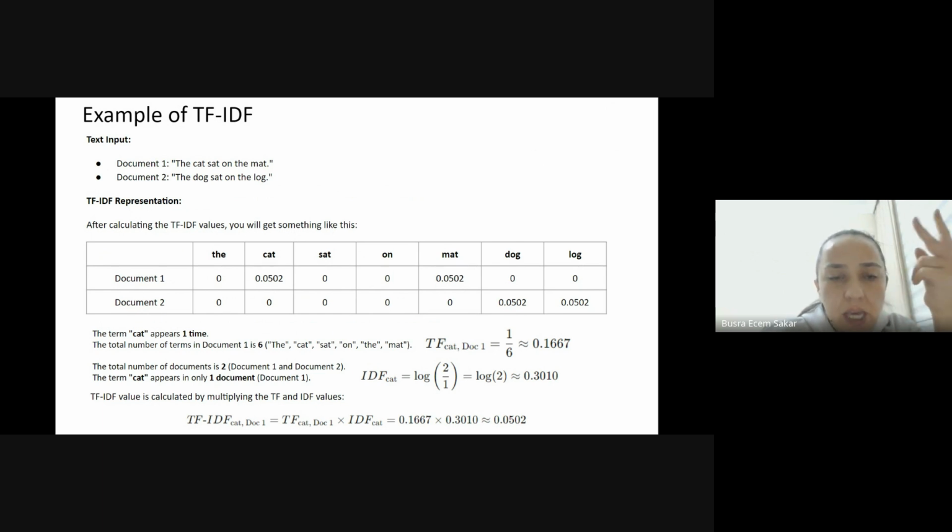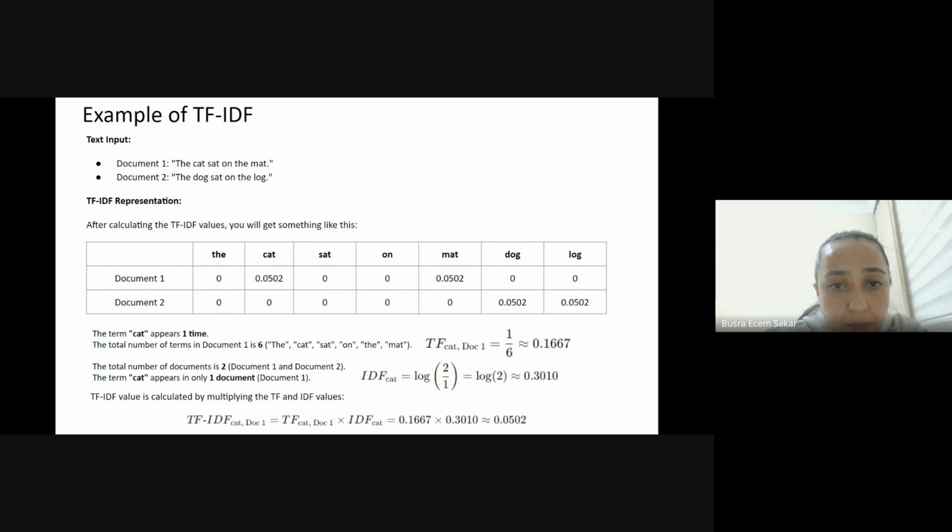Again, we have the same documents: the cat sat on the mat, and the dog sat on the log. After applying TF-IDF, we get a table like the one shown here. For example, the word cat in document 1 has a TF-IDF score of 0.05, while in document 2, the words dog and log have similar TF-IDF values.